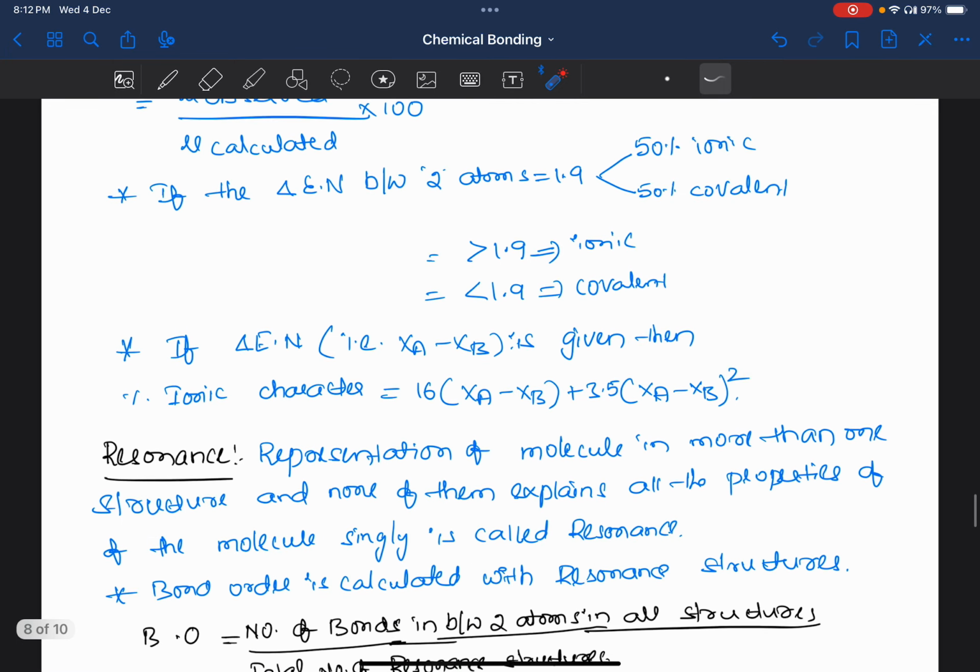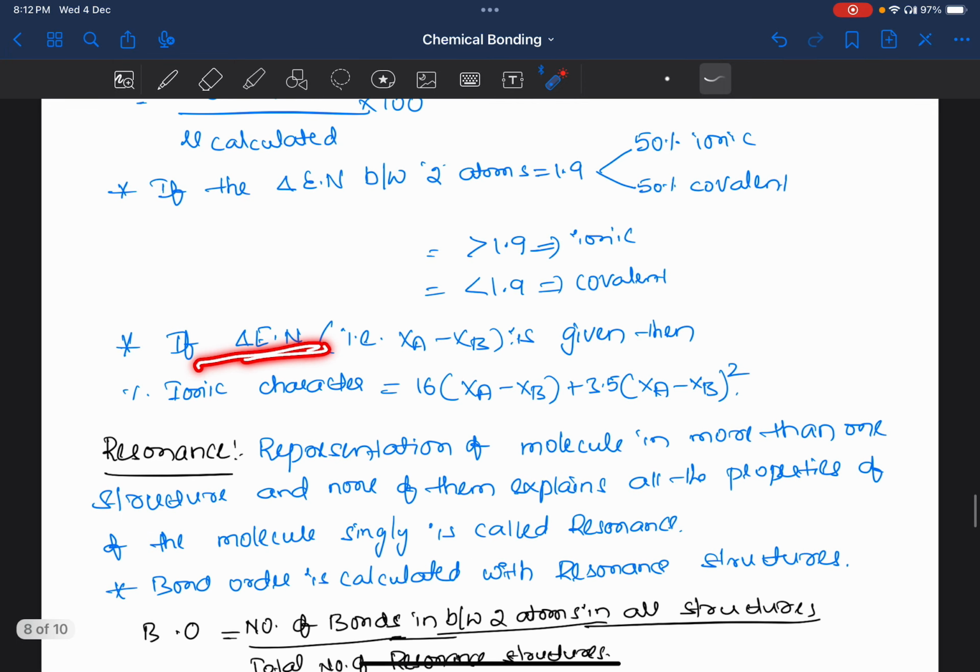If the electronegativity difference, that is Xa minus Xb, is given in the problem, then the percentage of ionic character is majorly calculated with this formula: 16 into (Xa minus Xb) plus 3.5 into (Xa minus Xb) whole square.